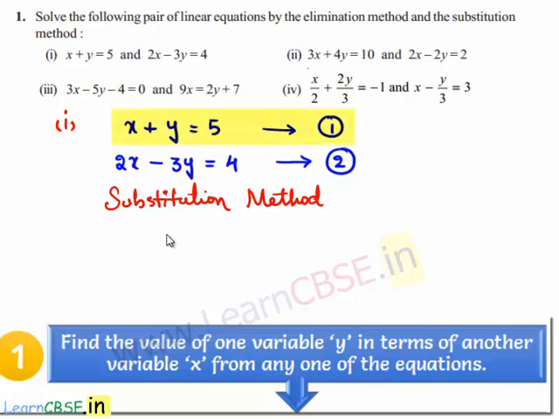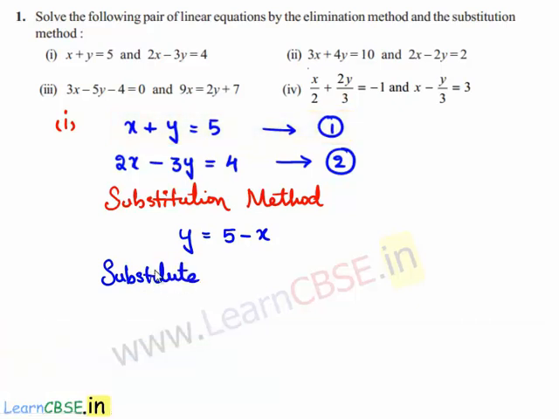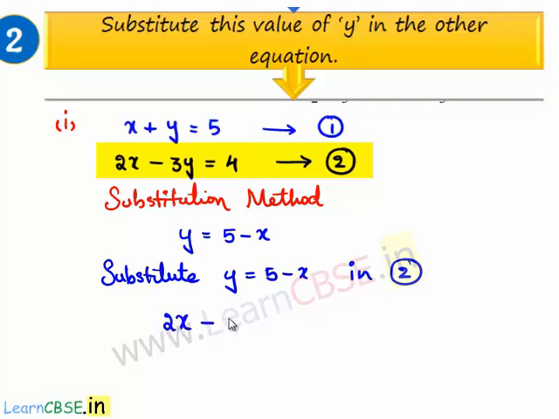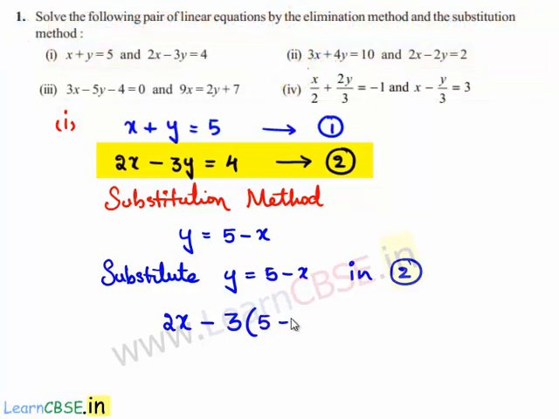So the first equation can be written as y is equal to 5 minus x. So let us substitute the value of y, which is y is equal to 5 minus x, in equation number 2. So the second equation becomes 2x minus 3y, meaning in place of y we can write 5 minus x, which is equal to 4.